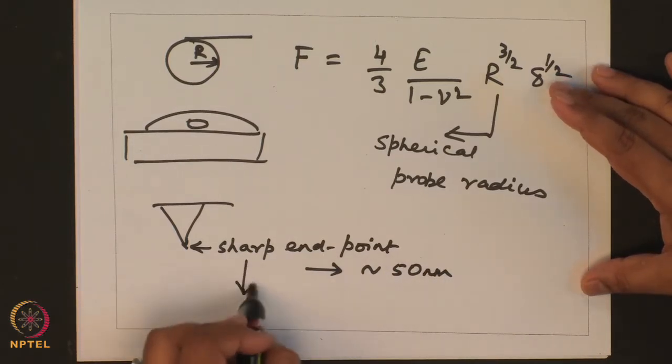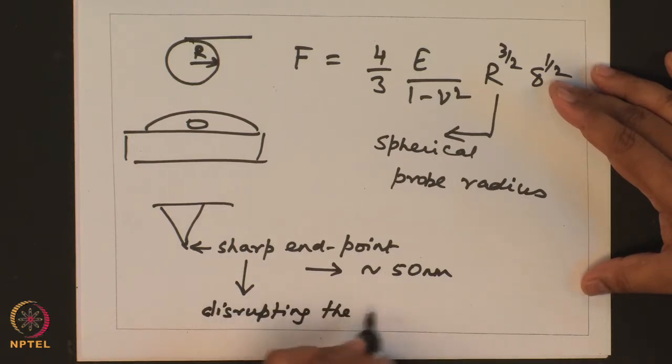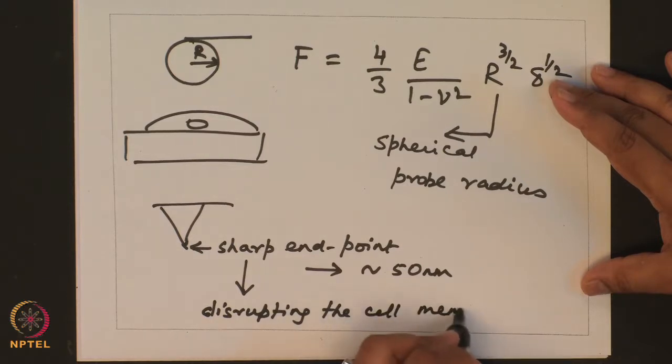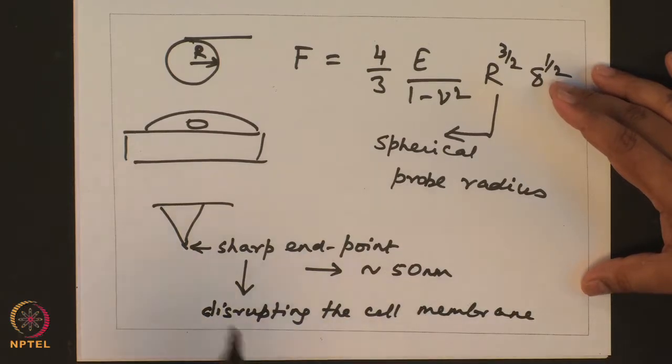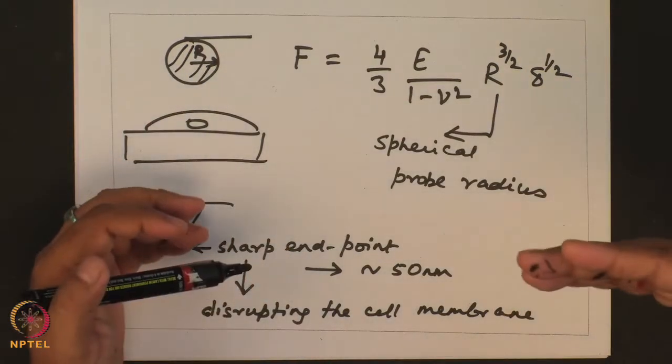Okay. So, this might end up disrupting the cell membrane. Okay. While if you use a spherical probe, the force is distributed over a wider surface area of the cell and the cell does not get damaged.